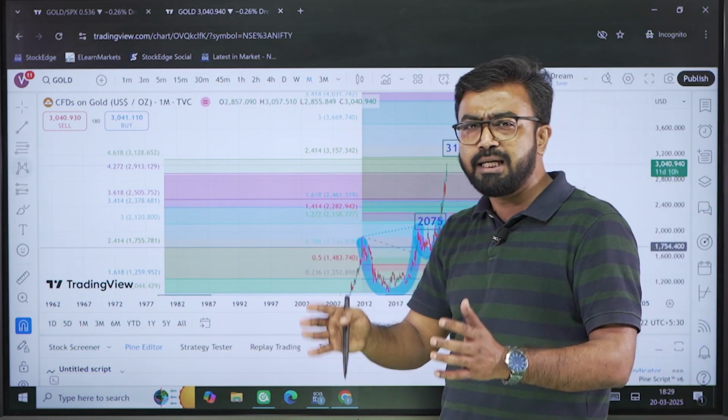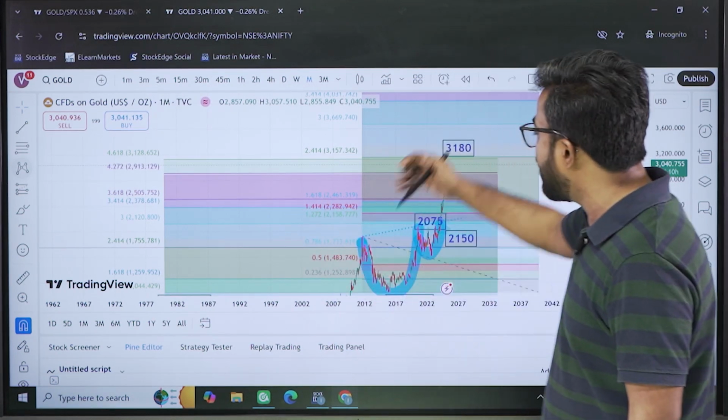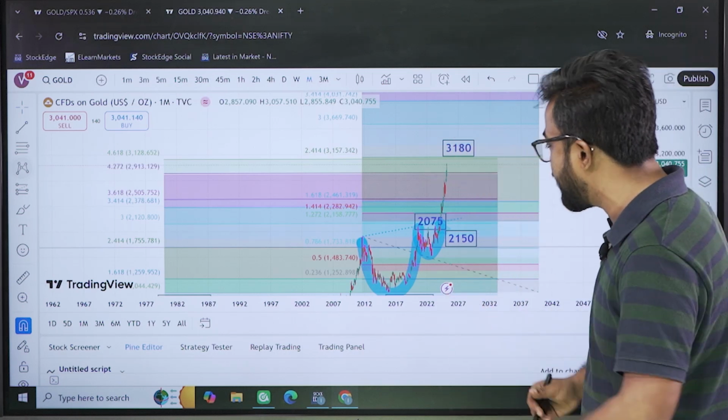Which is basically 4 to 5% still remaining on the upside.